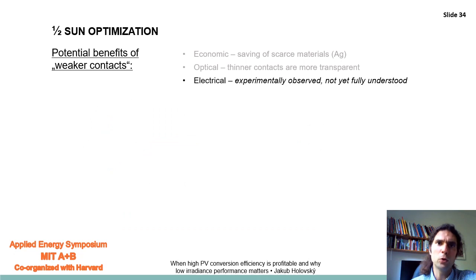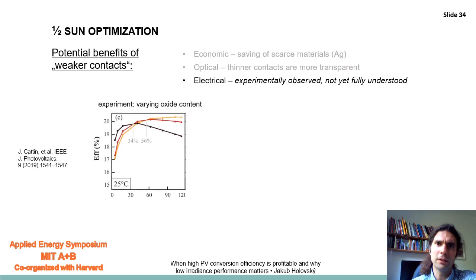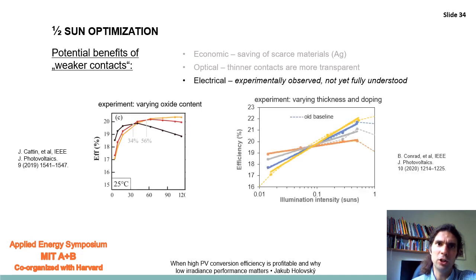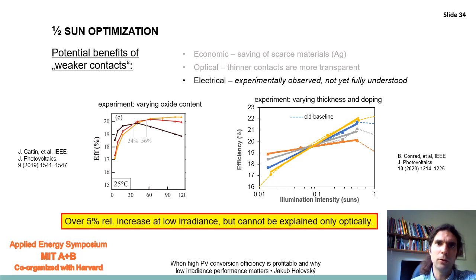But there must be also an electrical benefit that we observed experimentally in past, that after some adjustments in technology, reducing efficiency at high irradiance, the efficiency at low irradiance increased by more than 5% relatively. And this is something that cannot be explained only optically.